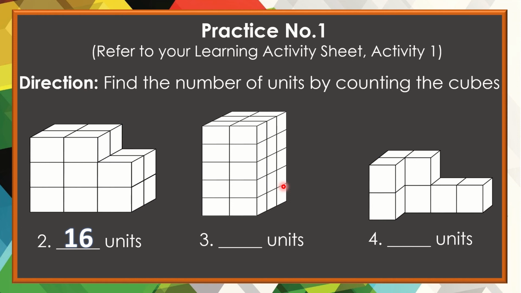Correct. So, 30 units. How about number 4? We have 1, 2, 3, 4, and the back is 4 again, then 5, 6, 7, 8. So, the answer is 8 units.